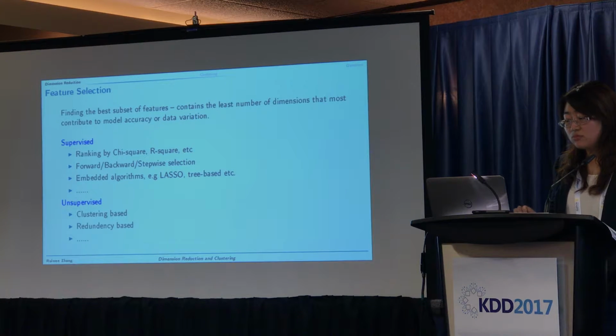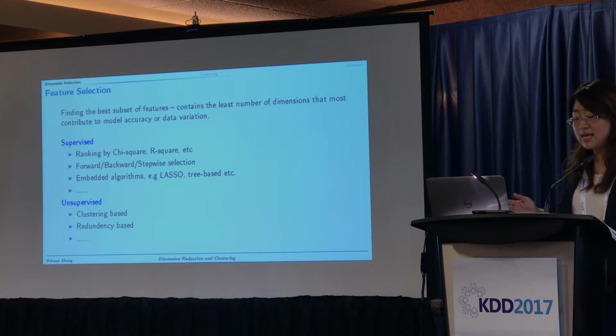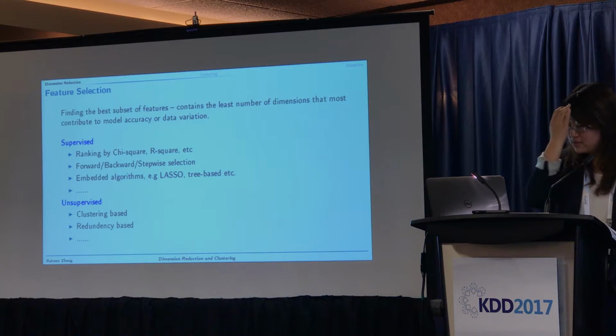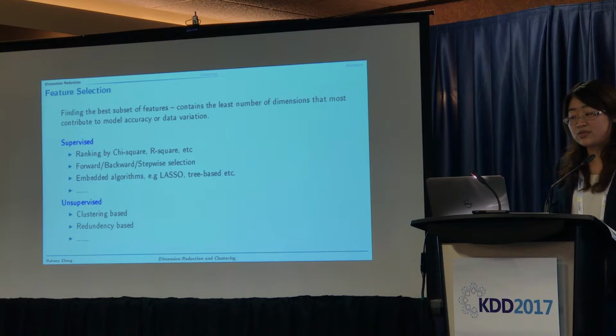And feature selection techniques can be roughly grouped into two categories: supervised and unsupervised. Supervised selection algorithms identify attributes that are most relevant to the target variable, and it can be done through simple univariate analysis like a chi-square or R-square test.